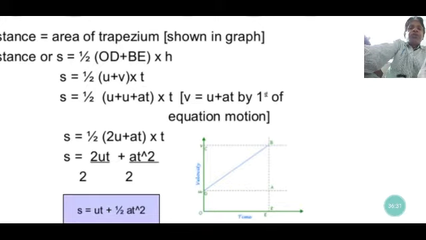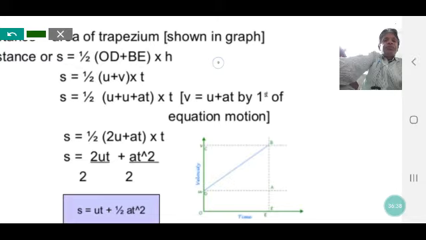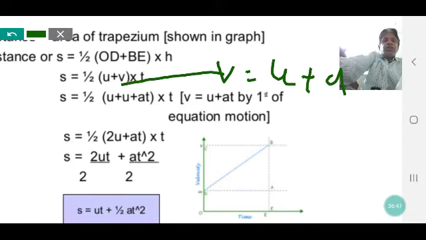Now, if you put in the value of v that we have obtained, v is equal to u plus at, by the first equation of motion, we get half into u plus u plus at, into t. Now we get s is equal to half into twice u plus at, into t.